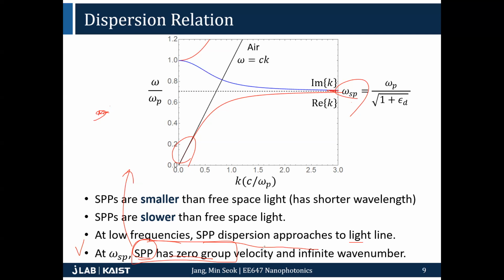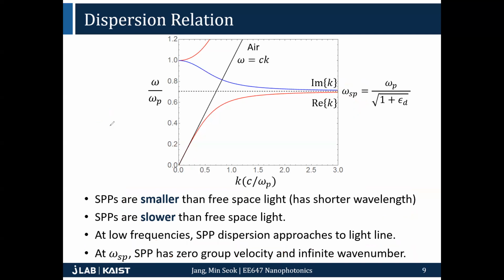And there's another interesting question: if we can achieve infinite wave number, that means infinitesimally small wavelengths, right? So maybe we can localize light into an indefinitely small volume, so we can store light in, let's say, an atomic spacing. Maybe that's possible. Okay, so that was why people got interested in plasmons in the first place.